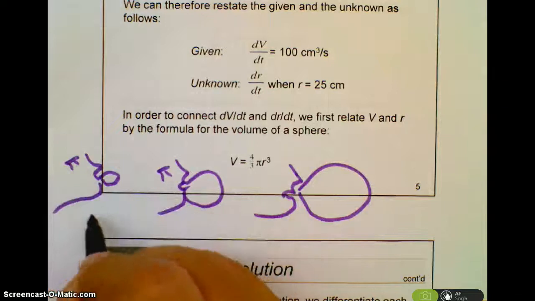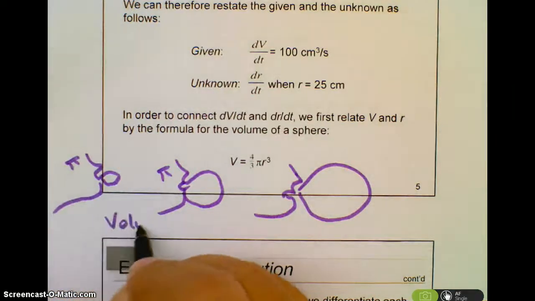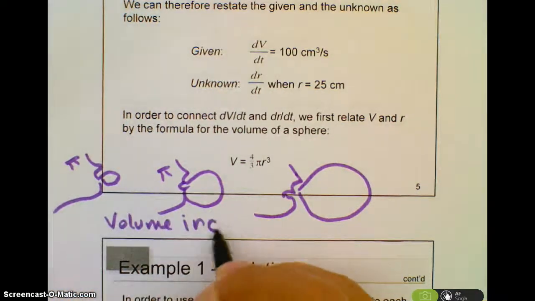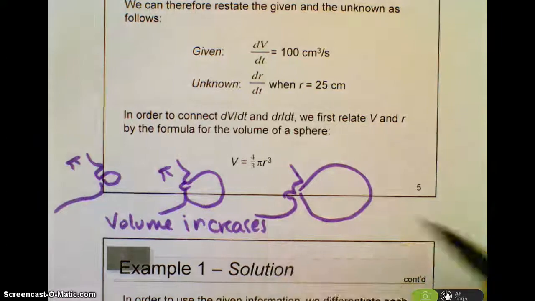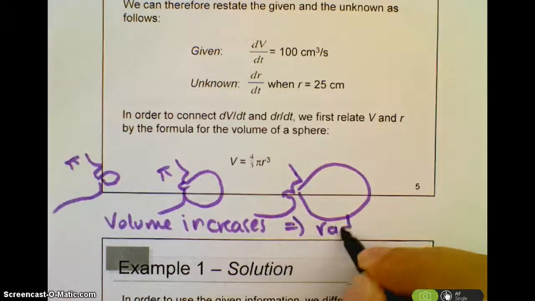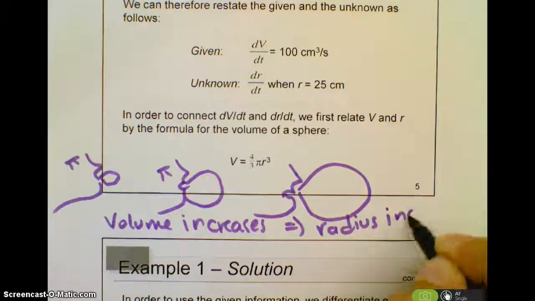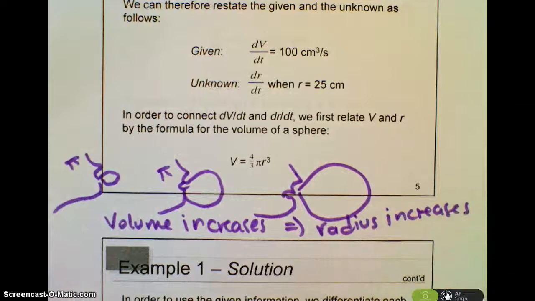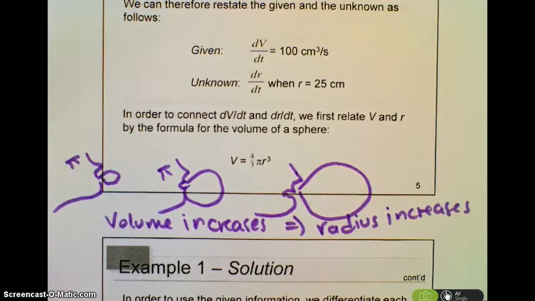So the volume increases, therefore the radius increases. That's a simple observation, but it's going to help us in our calculations.